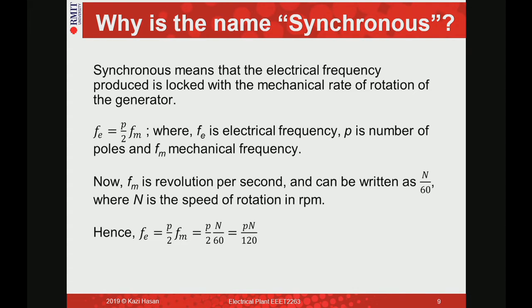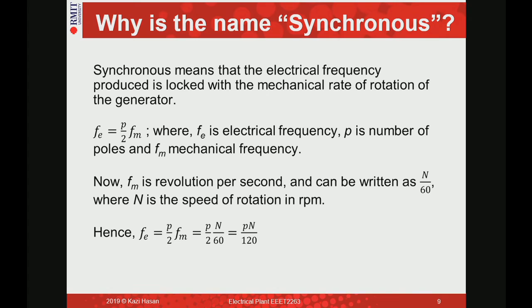I have just given you some slides so that you can revise later why it is called synchronous. It is synchronous because the electrical frequency that is produced is locked with the mechanical rate of rotation of the generator. The electrical frequency, fe, will be the pole pair multiplied by the mechanical frequency, and then that is per second, so we convert it to per minute by dividing by 60.